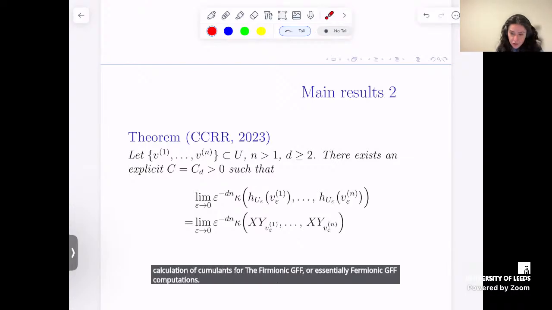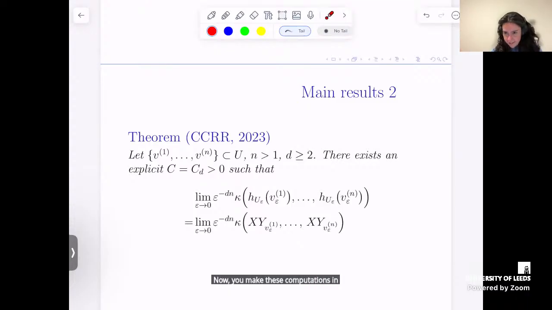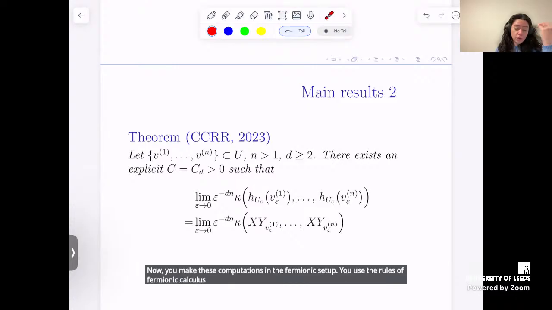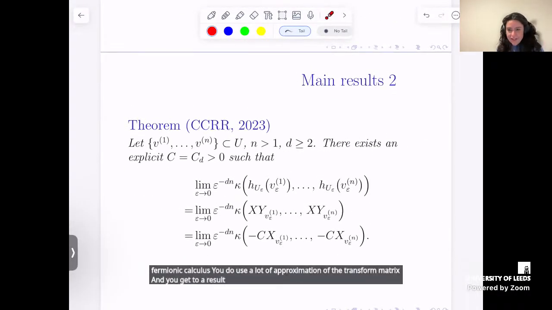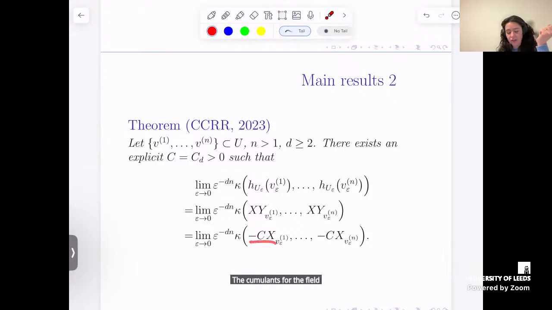Now you make these computations in the fermionic setup. You use the rules of fermionic calculus. You do use a lot of approximation of the transfer matrix. And you get to a result which is actually the same result that you would get if you had started by computing under the FGFF expectation the cumulants for the field minus c times x, where c is a very explicit constant.